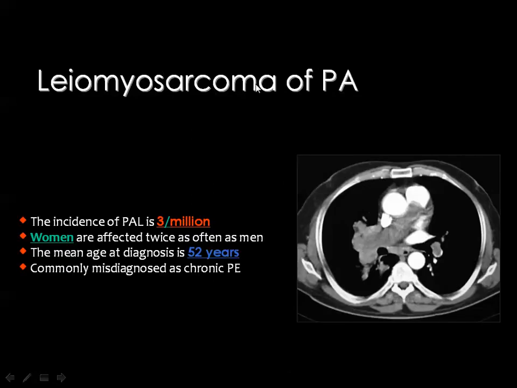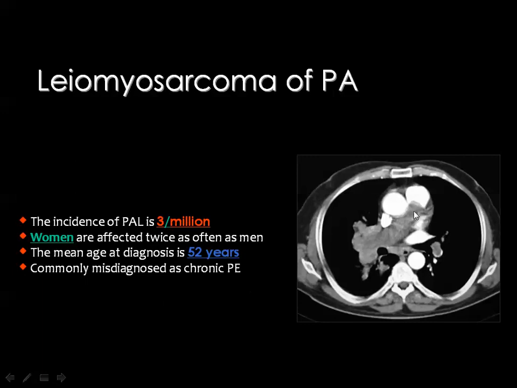The leiomyosarcoma of the pulmonary artery is rare. The incidence is 3 cases per million. It affects women in particular, twice as common as men, and the age incidence is in the range of 50 years of age, and sometimes it is misdiagnosed as chronic pulmonary embolism.